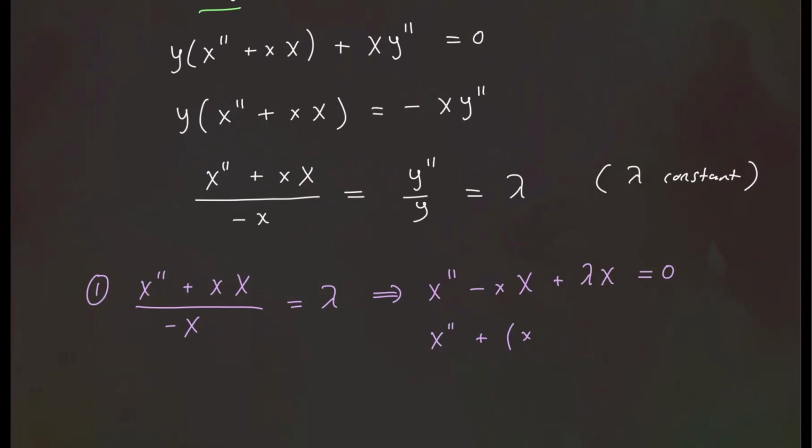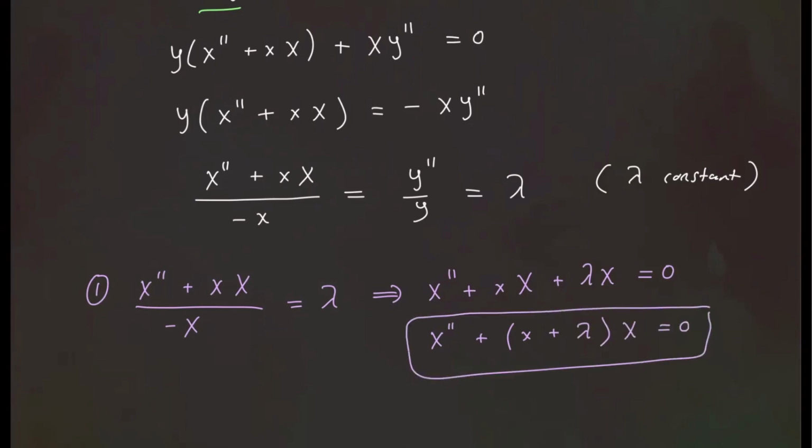Sorry, looks like I messed up a sign. This should be a positive sign. Sorry about that, a little typo. So X double prime plus little x big X plus lambda times big X is equal to 0. So that's one of my ODEs.